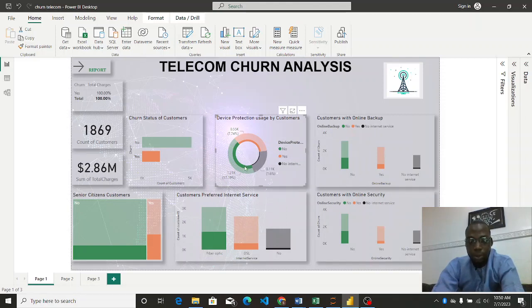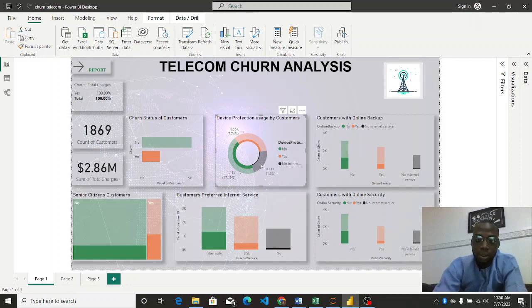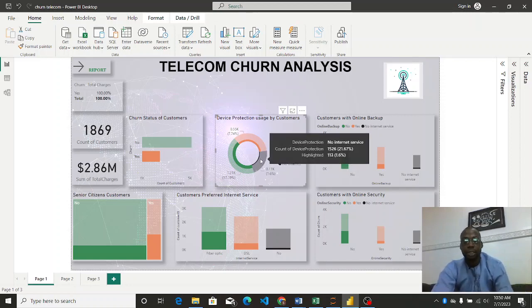I don't think any youths, maybe a few might, but it's not a point anyway. The main primary insight we can draw from this is that most of the people that churn the telecom service make use of internet.